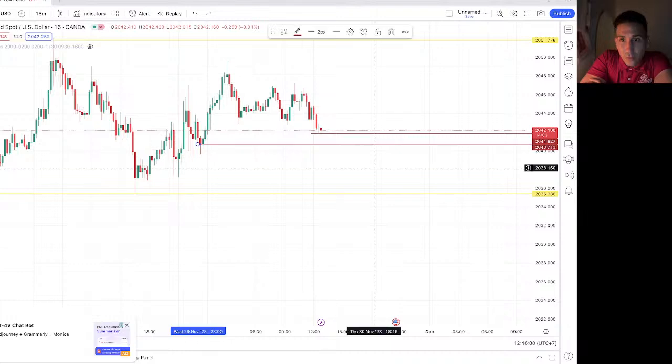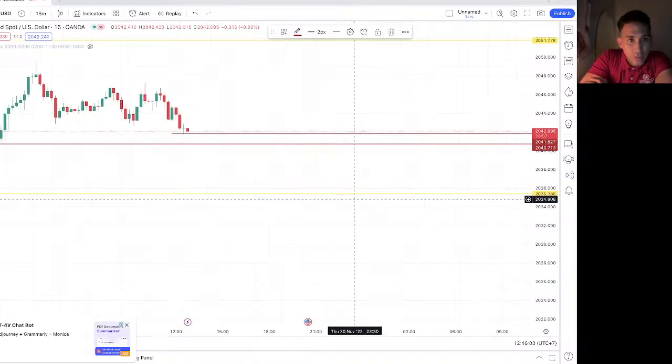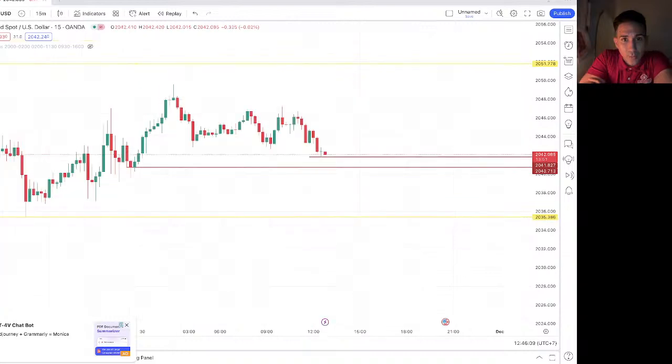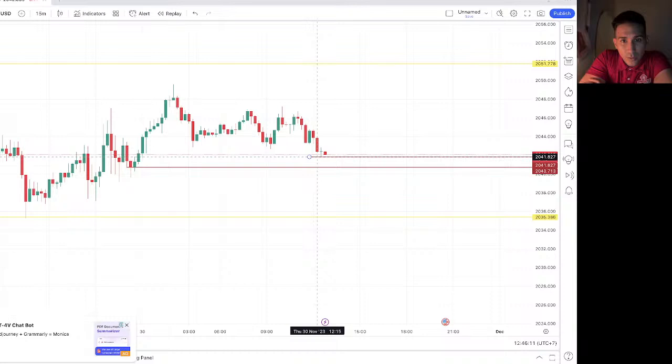Now let's see how many pips we have, to see if this range is something that we can manage.